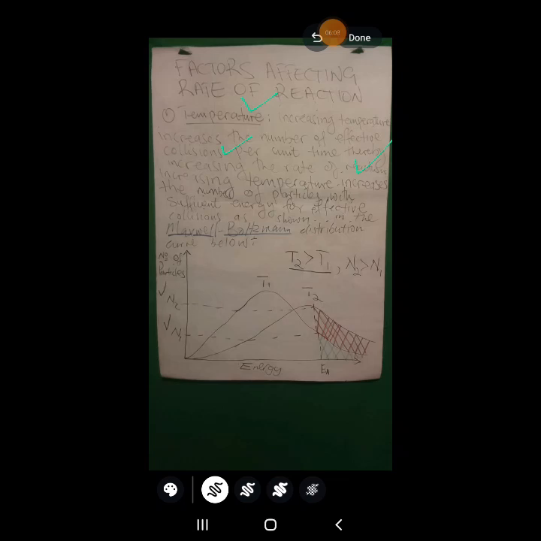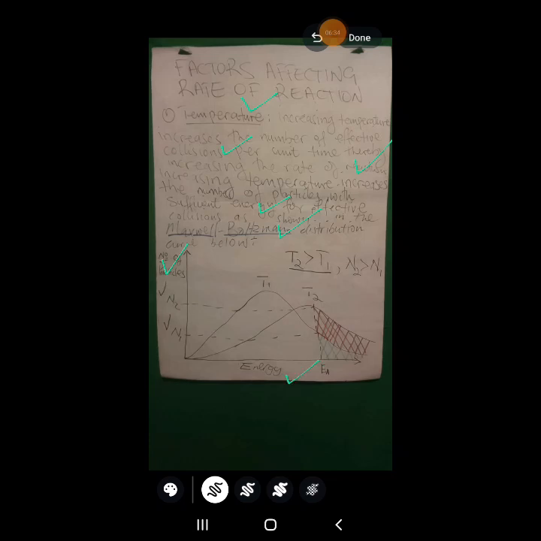Now, how does it do so? Increasing temperature increases the number of particles with sufficient energy for effective collisions, as shown in the Maxwell-Boltzmann distribution curve below. So this Maxwell-Boltzmann distribution curve, what does it show? On the vertical axis, it shows us the number of particles.